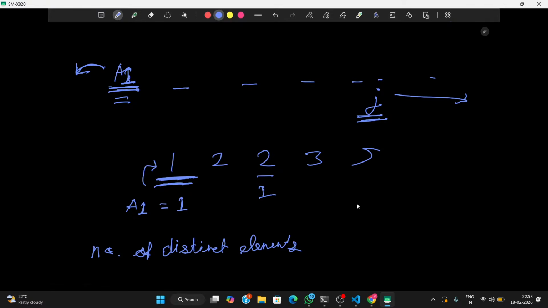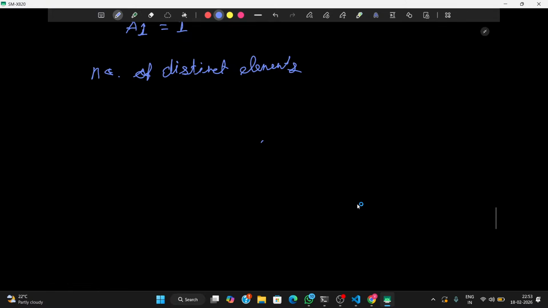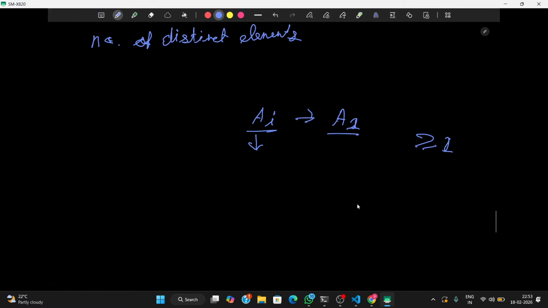So you can take any AI and convert it to A1, as the count of A1 will always be greater than or equal to 1, since the first element cannot be changed. In this manner, we can decrease the occurrences of AI, right?